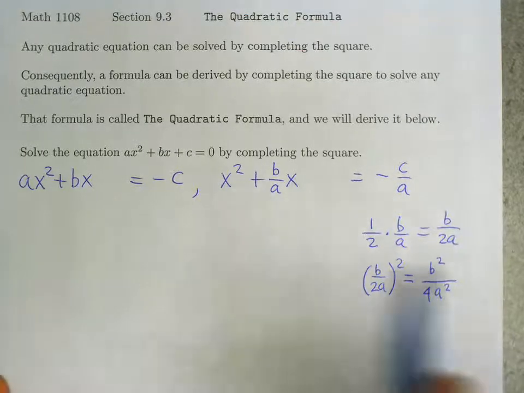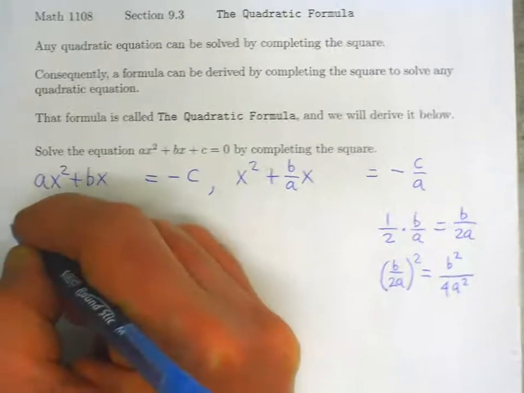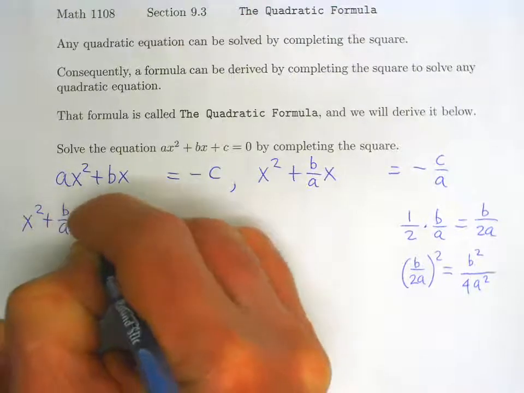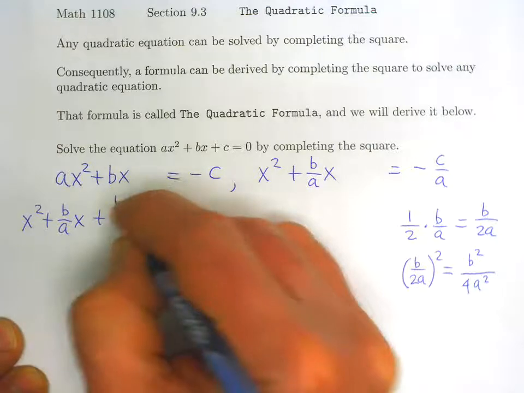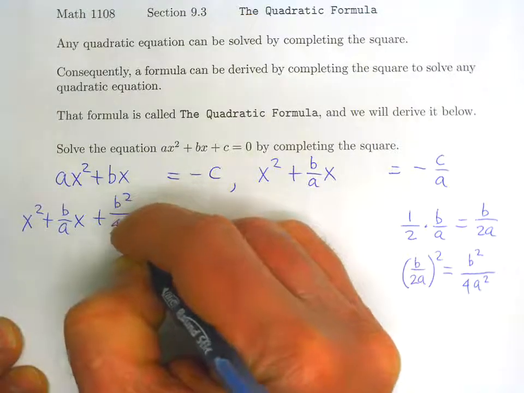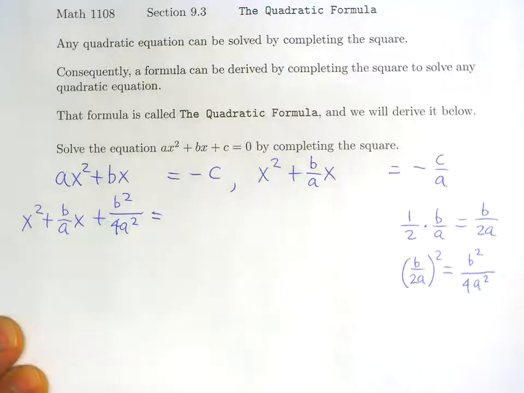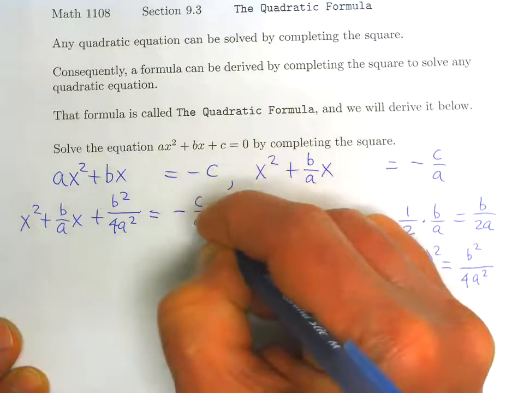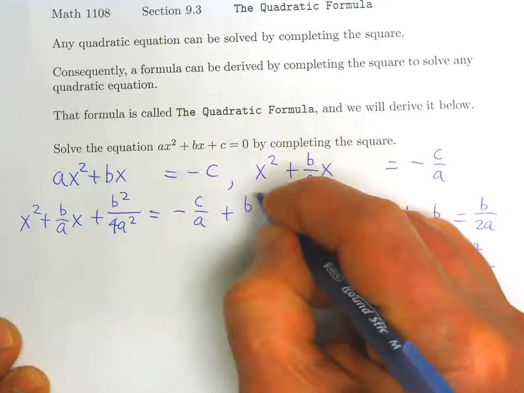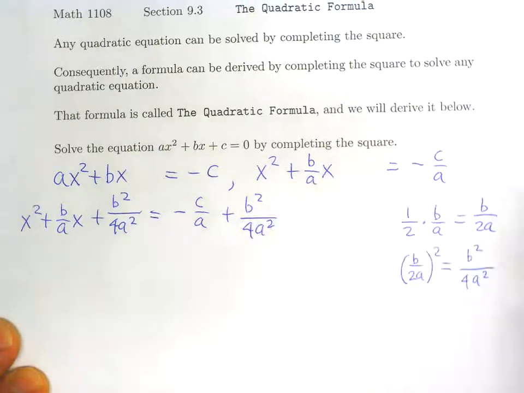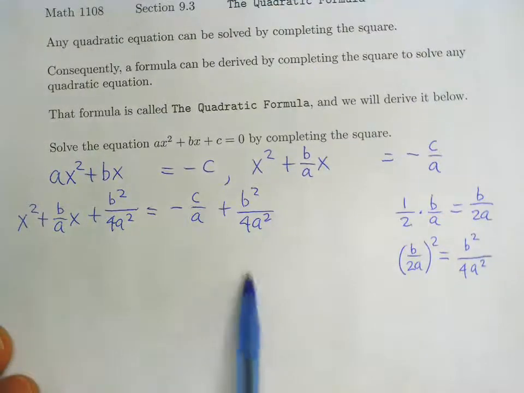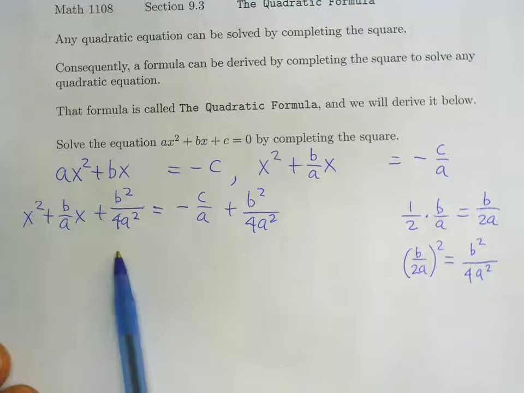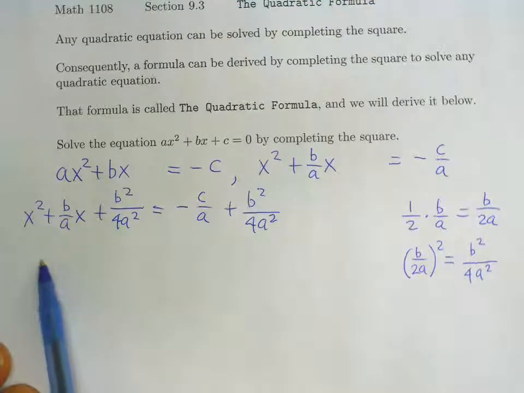On the left-hand side, we get x squared plus b over a x plus b squared over 4a squared. And we add that same number to the right-hand side, negative c over a plus b squared over 4a squared. Okay, so the left-hand side is now a perfect square trinomial, so we'll write it as a binomial squared.